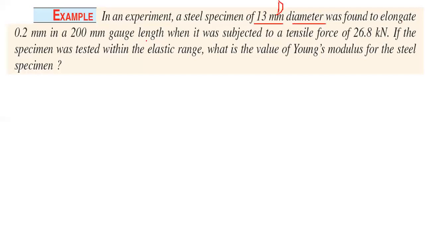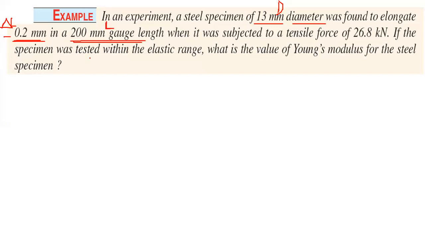It was found to elongate, meaning elongation or change in length, that is delta L. This is delta L equal to 0.2, and this is a 200 gauge length. Gauge length means original length, that is L. This is original length L. This is change in length delta L.